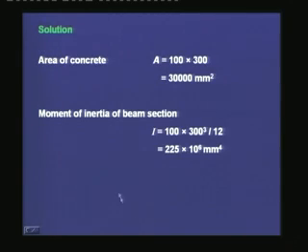We are calculating the area of concrete, which is 100 times 300, that is 30,000 millimeter square. Next, we are calculating the moment of inertia of the beam, which is 100 times 300 cube divided by 12, equal to 225 into 10 to the power 6 millimeter to the power 4.